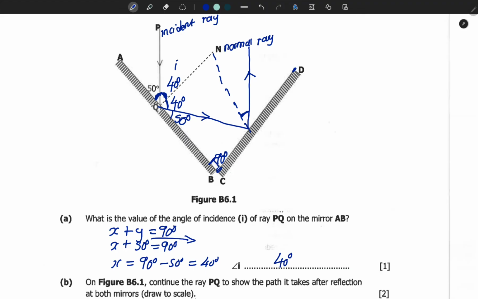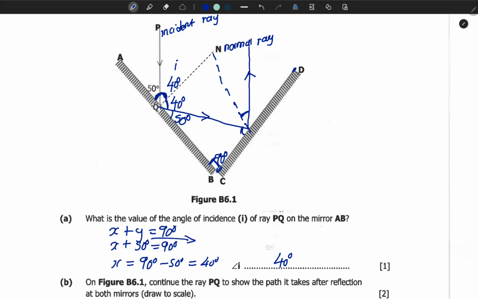Now since this is a 90, we are getting a triangle. So to find this angle here, we can just add these two angles. 90 plus 50 will give us 140.